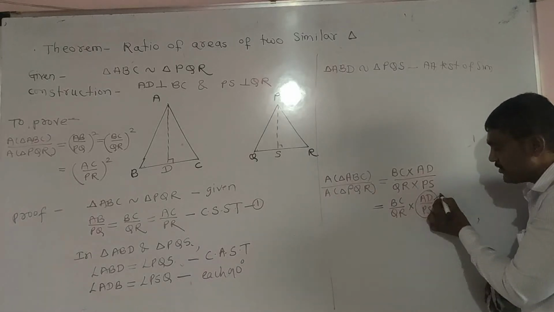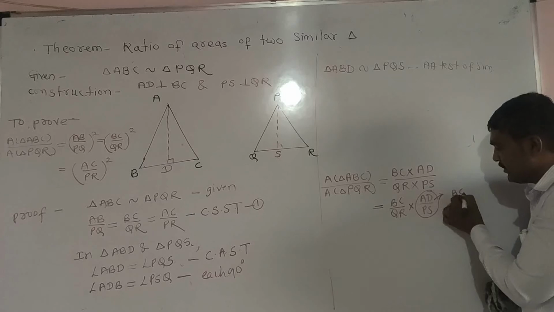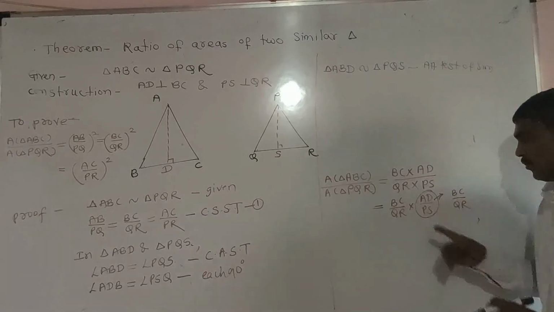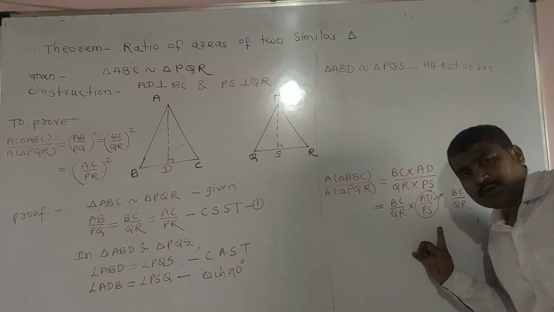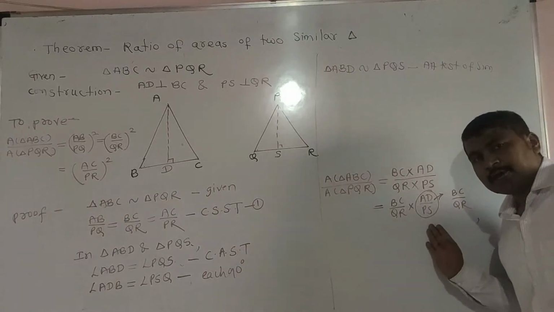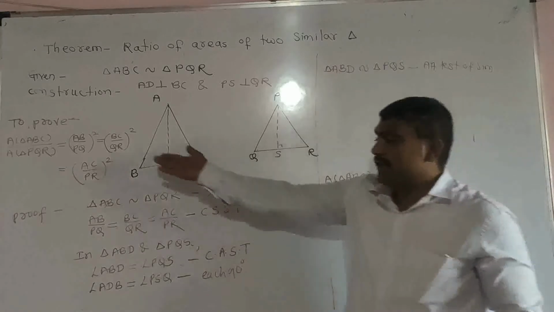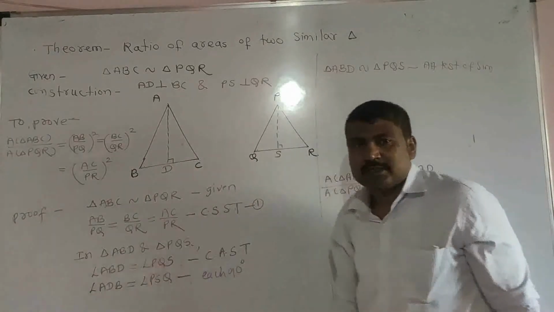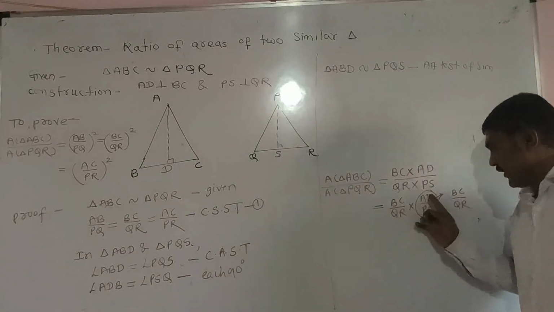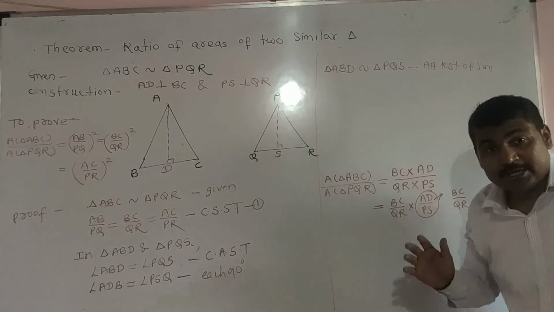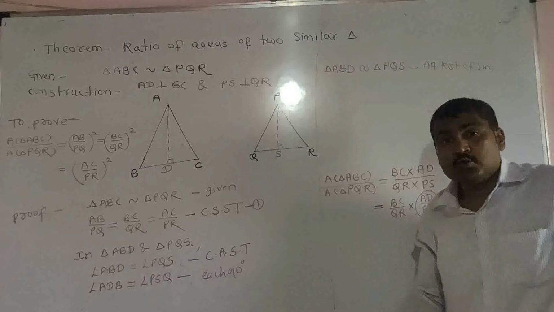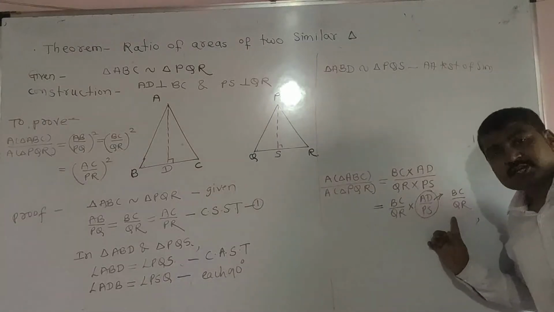So instead of this, when you put BC upon QR, one BC upon QR is there, another BC upon QR is there. So there will be BC upon QR bracket square. So you will get the answer. So to prove this, we need to show AD upon PS should be equal to BC upon QR. Understood? That means we have to show this ratio and this ratio are the same.